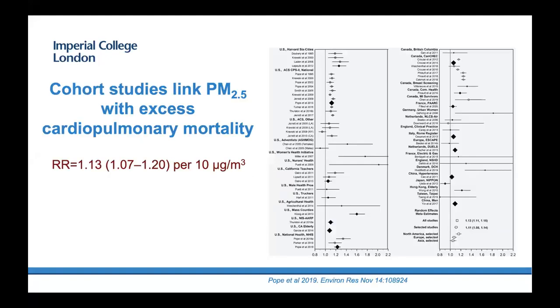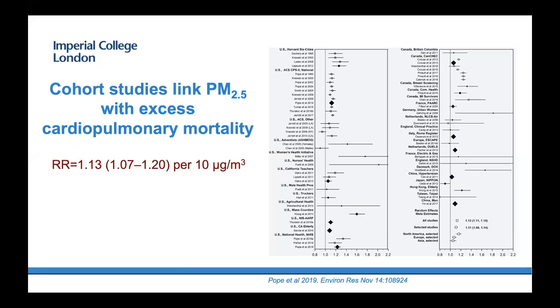And recently, Pope and colleagues compiled and summarized the findings of 25 years plus of this cohort research using meta-analytical tools, the estimates of the distribution of effects from the cohort studies that are currently available and provide substantial evidence of adverse pollution associations with all-cause cardiopulmonary and lung cancer mortality. And you can see here that for cardiopulmonary mortality, relative risk of 1.13 or 13% increase per 10 micrograms per meter cubed of PM2.5.